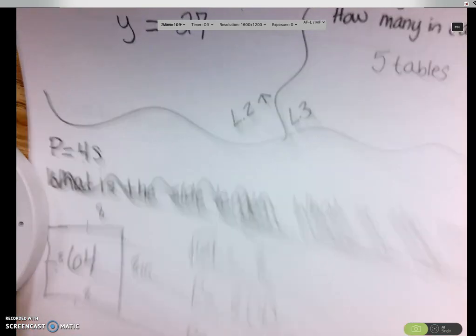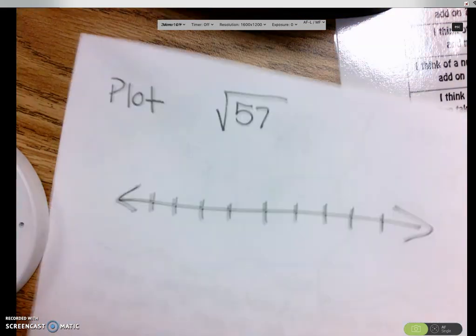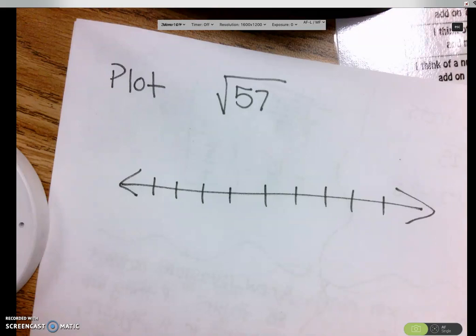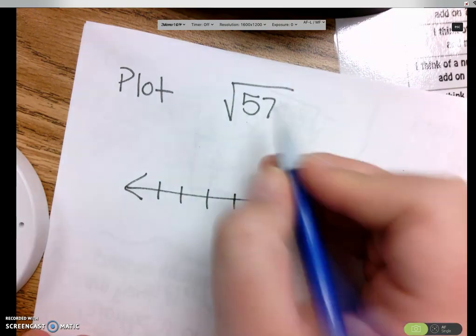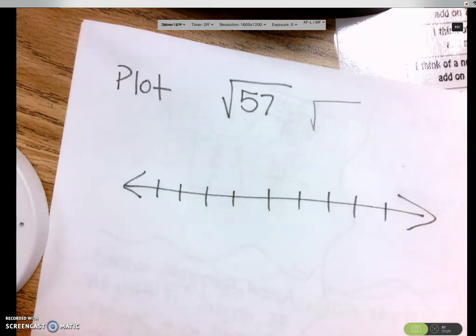Okay? And the last one that we are going to do is we are going to plot a non-perfect square. So what you need to do is find the whole numbers that it's between. So what would be the bigger perfect square?